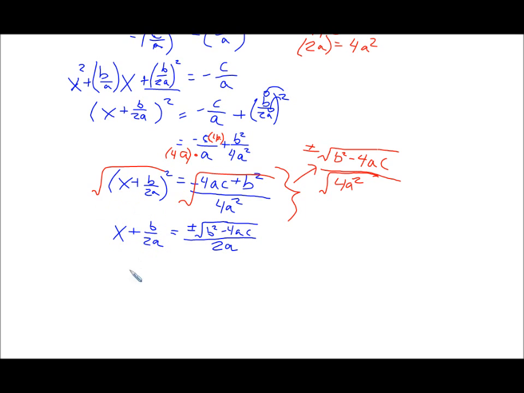So in order to solve for x, we just have to subtract b over 2a from both sides. But that's not a problem because they have the same denominator, so they subtract very easily. This cancels.